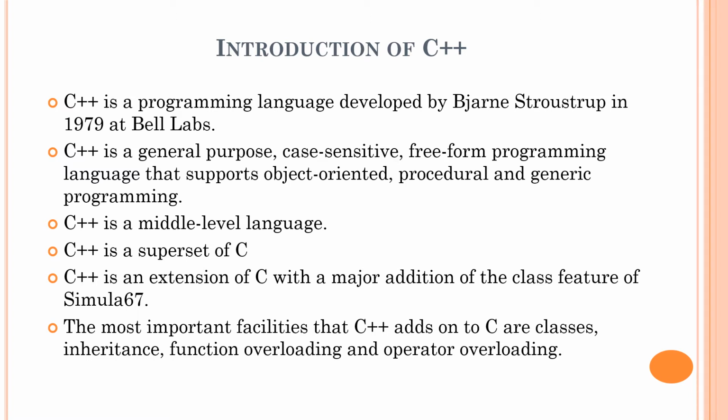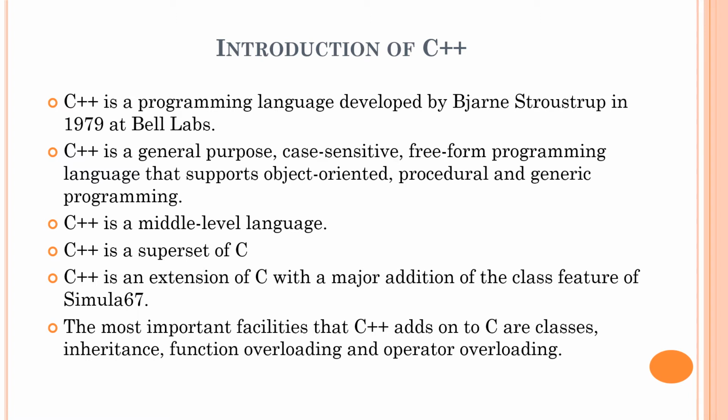C++ is a middle level language. This means that since C++ consists of features of both high level and low level programming languages, it is known as a middle level language.